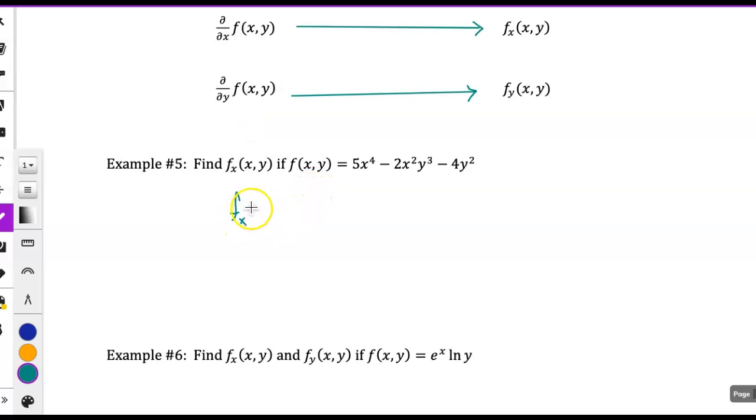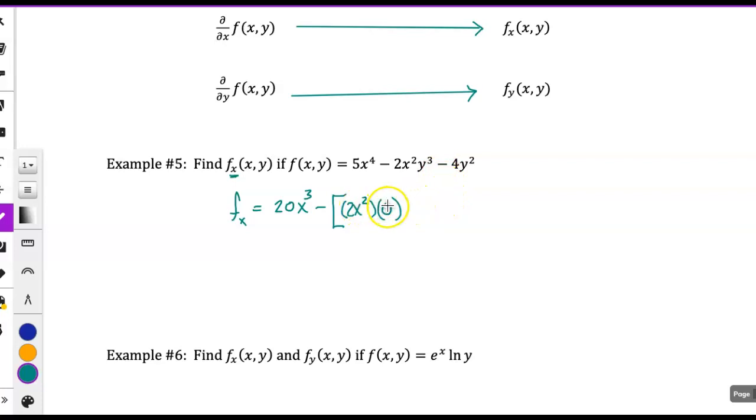Okay, we could just write f sub x is equal to the derivative of 5x to the fourth with respect to x, because y is the constant, this would be 20x cubed, minus, and here we go, we have to do a product rule. Copy the first times the derivative of the second. The partial derivative of y with respect to x is 0 because y is constant.